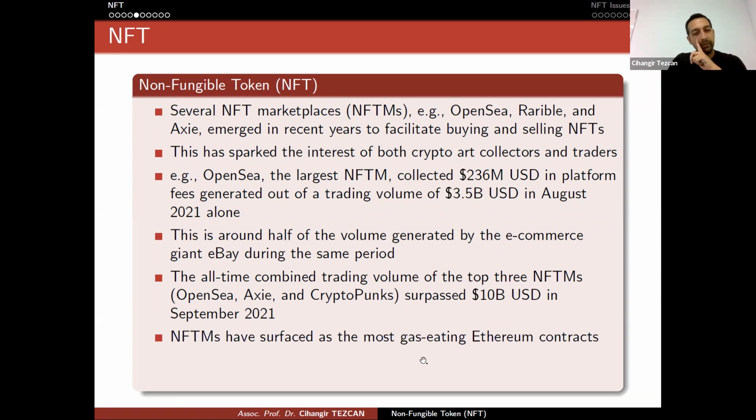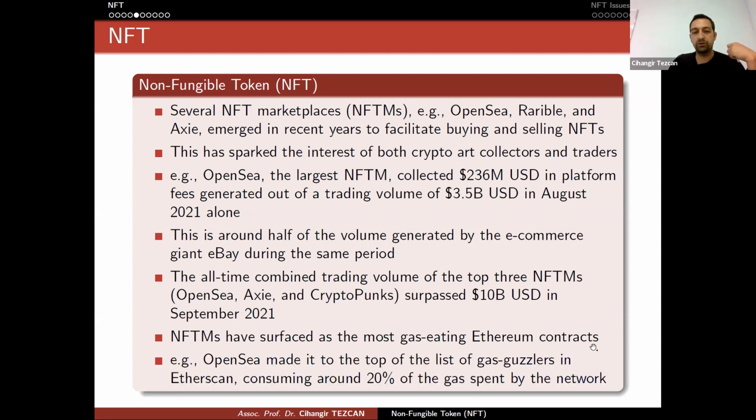So NFT marketplaces have surfaced as the most gas-eating Ethereum contracts, because the smart contracts here are really huge, and you have to pay a lot of gas when writing and using them. For example, OpenSea made it to the top of the list of gas guzzlers in Etherscan, consuming around 20% of the gas spent by the network.